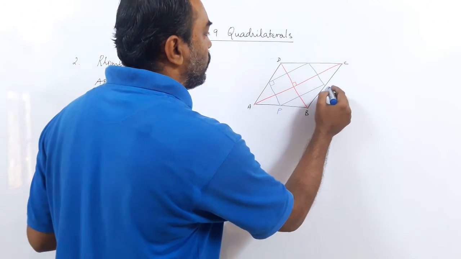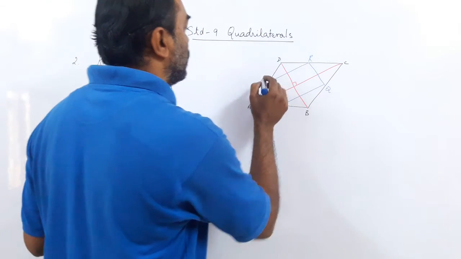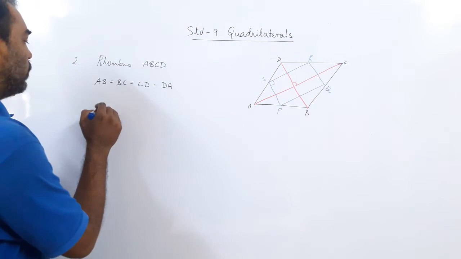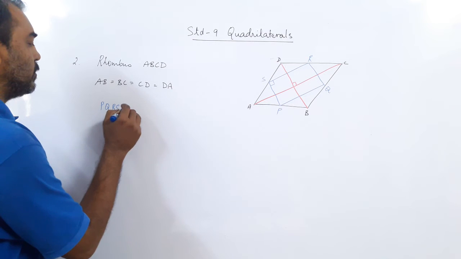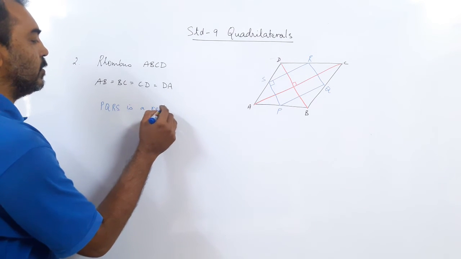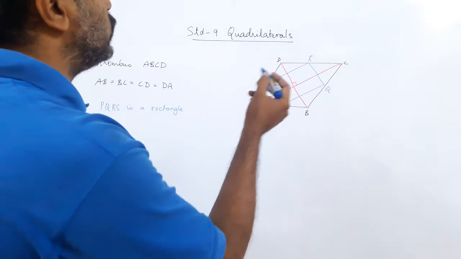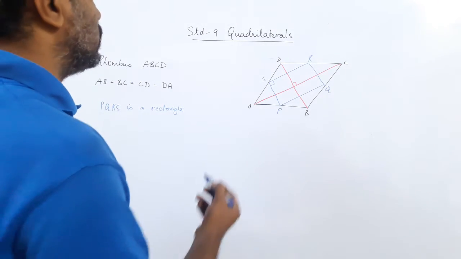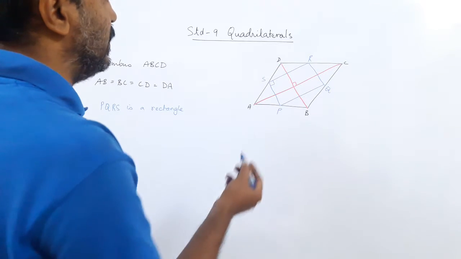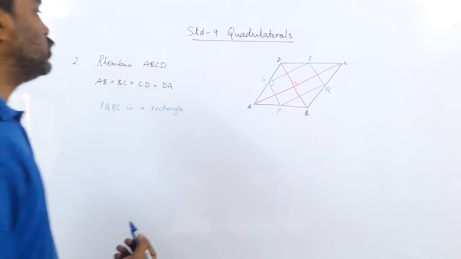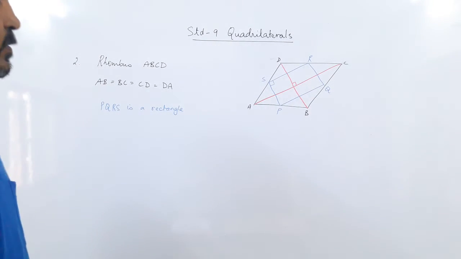So we call them PQRS. We have to show PQRS is a rectangle. So last time we were given a quadrilateral and we showed PQRS as a parallelogram. This time we are given a rhombus ABCD. We have joined the midpoints. We have to show PQRS is a rectangle.